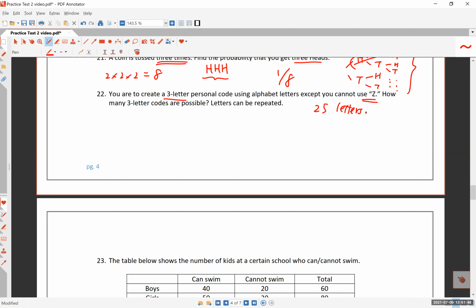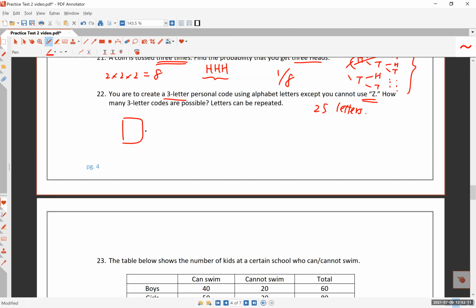You are to come up with a 3-letter personal code. Can you use the same letters again and again? Yeah, AAA is okay. XTX is also okay, right? SSW is okay. So you can repeat the same letter. There's nothing that says you cannot. How many 3-letter codes are possible?